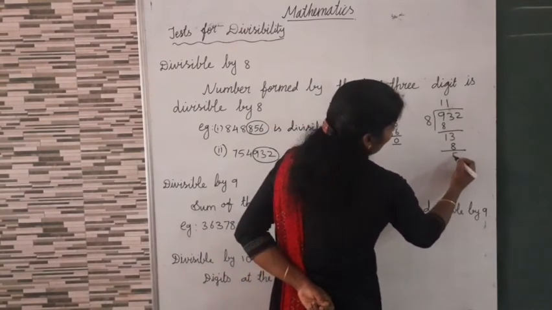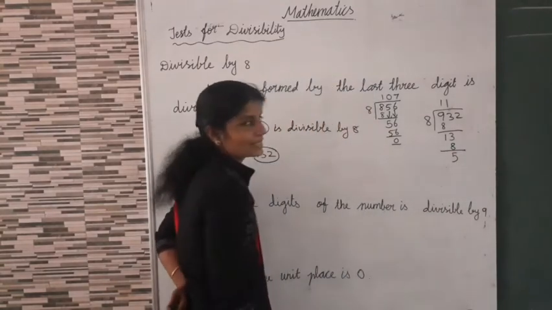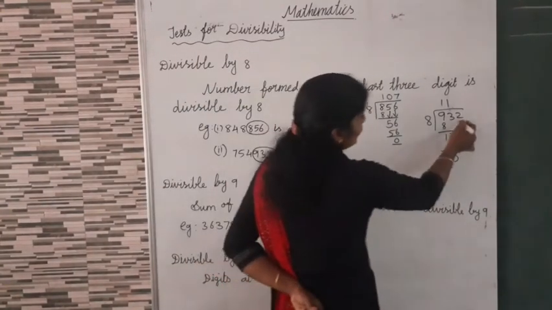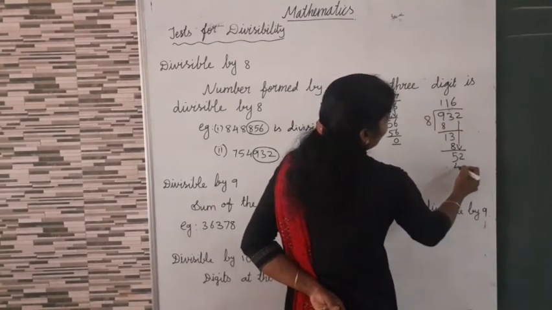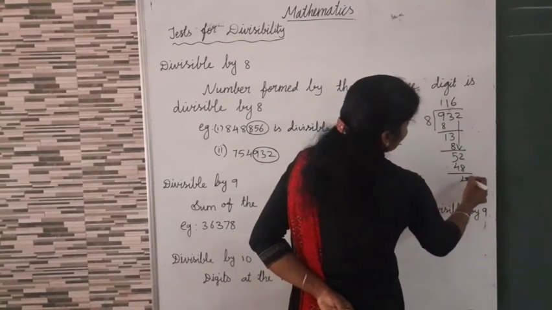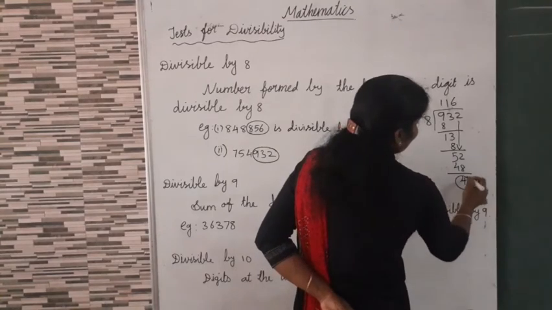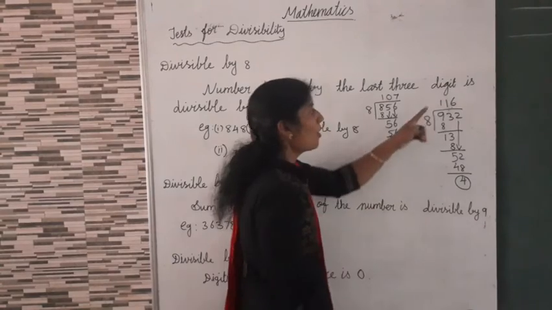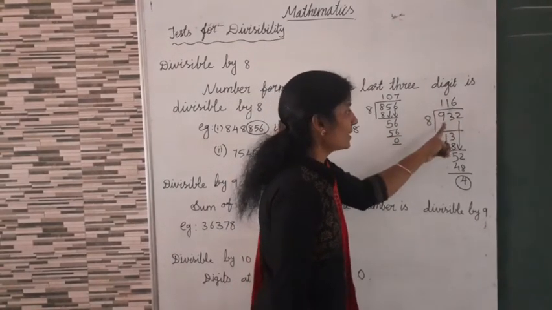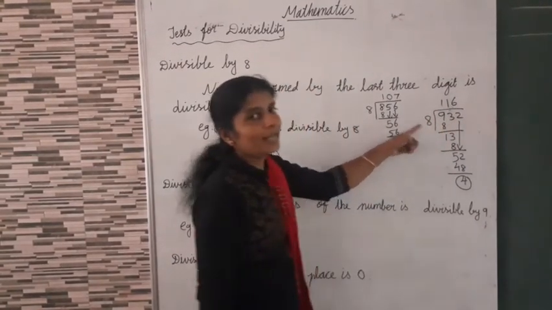Then balance 5. 13 minus 8 is 5. Then the next digit is 2, so 52. 6 8s are 48. Balance 4. We didn't get remainder 0. Here the remainder is 4. So 932 is not divisible by 8.